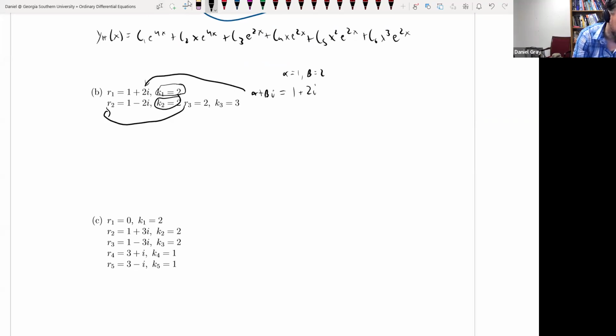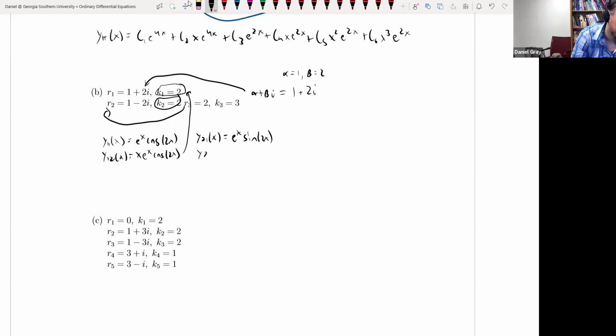So let's do my R1 then. I'll let that be my cosine terms. Here's the first solution that corresponds to cosine: e to the alpha x, so e to the x, cosine of beta x, so cosine of 2x. y12 of x is going to be x e to the x cosine of 2x, where I'm only going to have 2 cosine terms because my multiplicity was 2. y21 of x is my first one corresponding to sine, so e to the x sine of 2x.